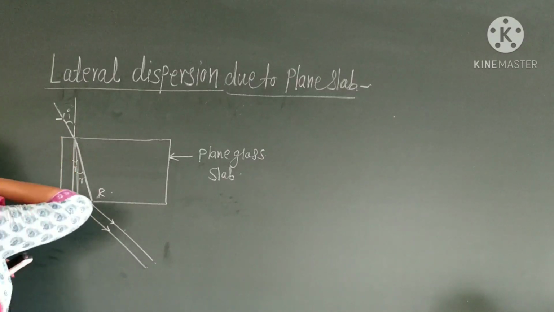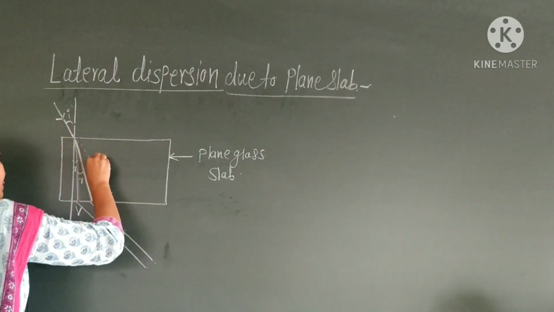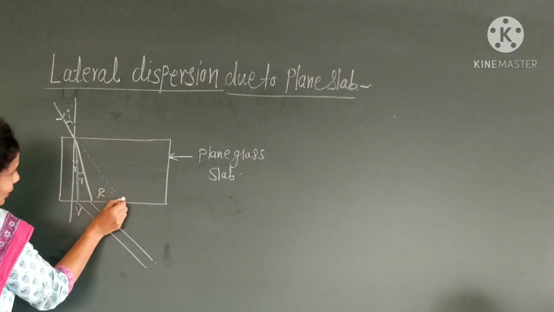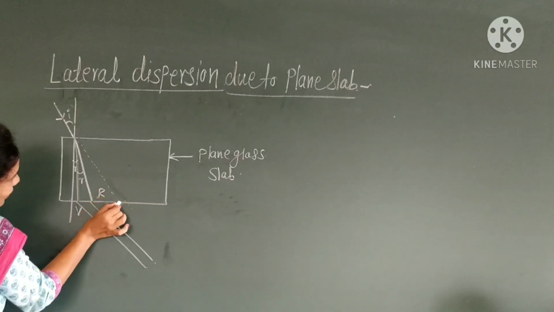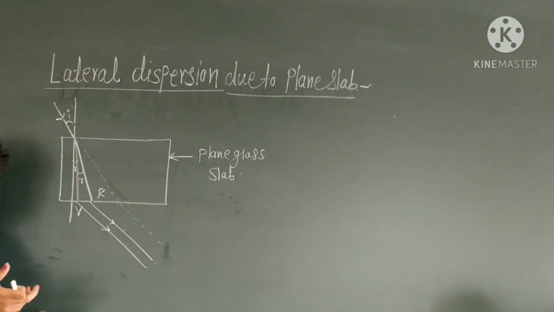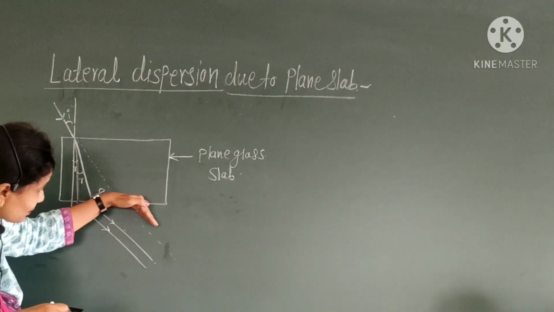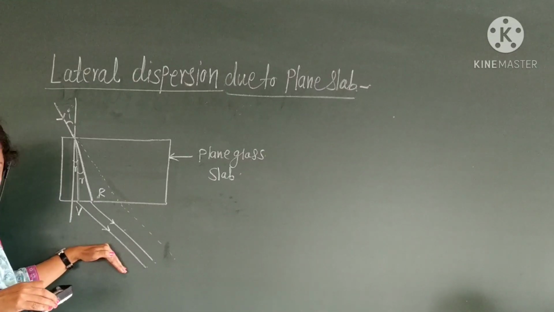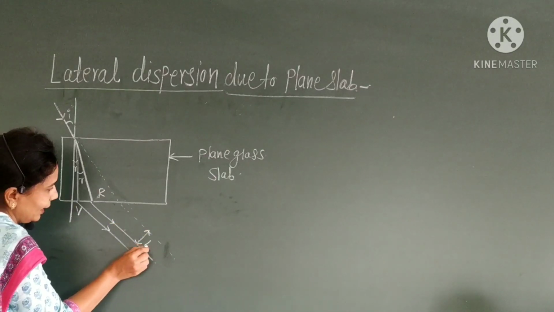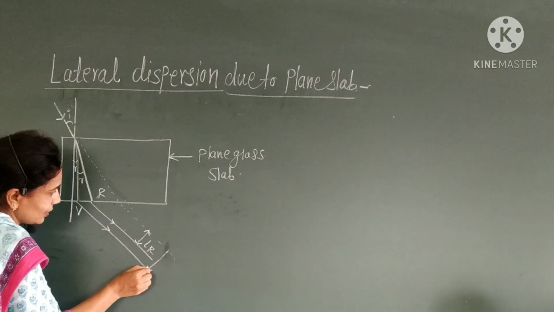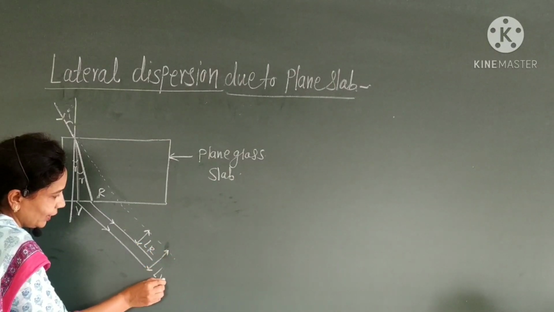And if this incident ray is extended, then it is parallel to the emergent ray. Okay, suppose this distance is LR, and this distance is LV.